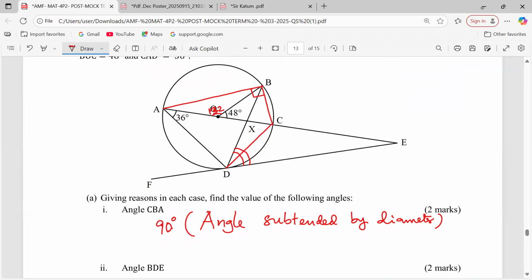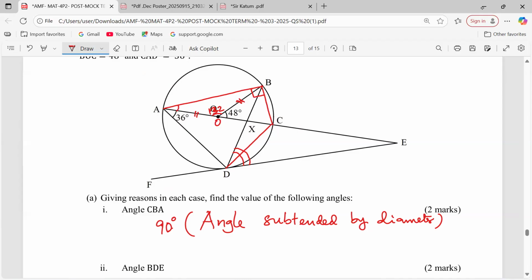Now we can consider the triangle AOB. These are what we call isosceles triangles. We should get 180 in that triangle. So we take 180, we subtract 132, so that we talk about 48.